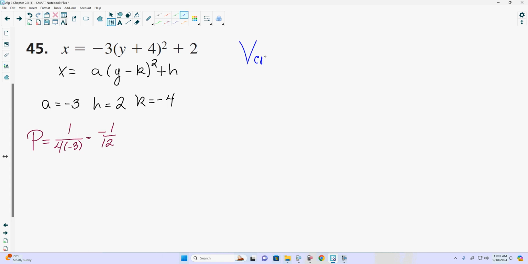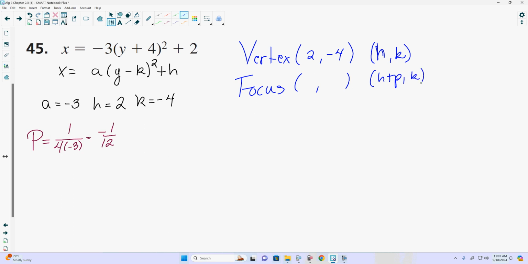Vertex, because we have everything we need, is the point h comma k. h is 2, k is negative 4. Focus, again, for this here is h plus p comma k. So that second value is still going to be negative 4.